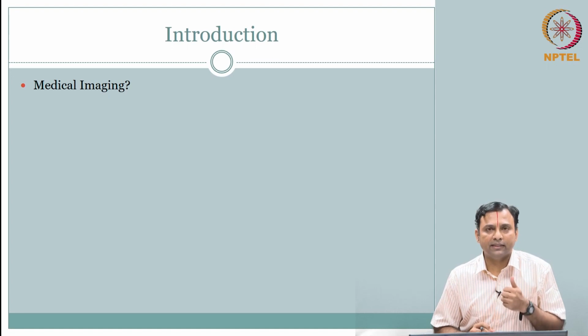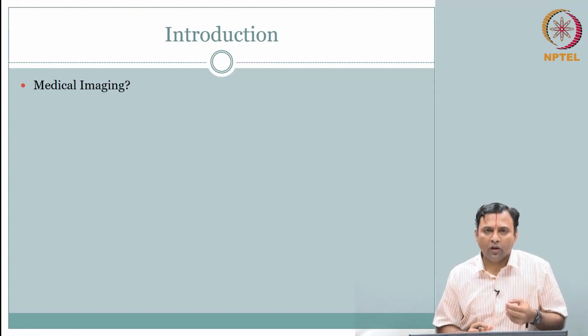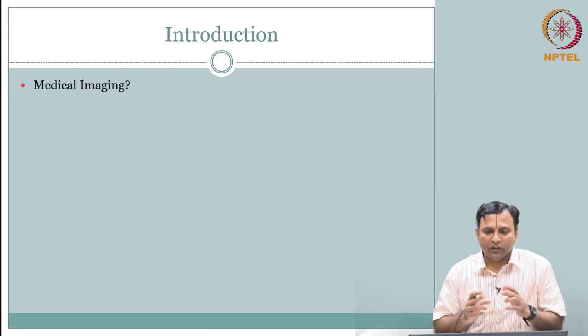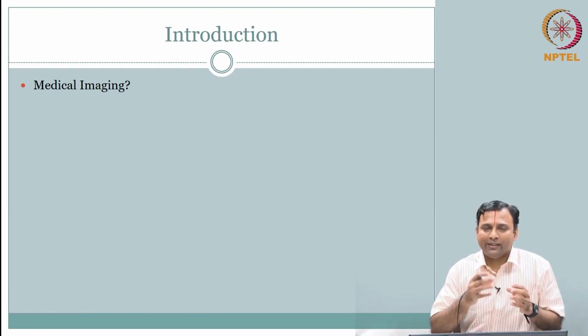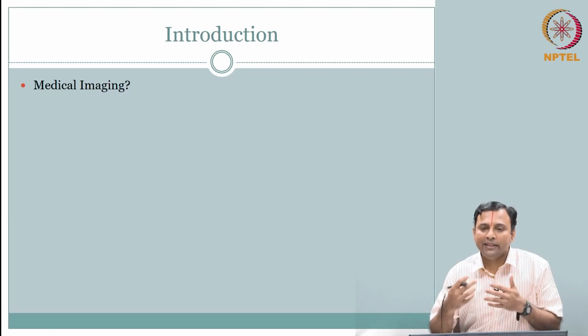We did cover this a while ago in the context of the big picture. So just to recall briefly, medical imaging is, you saw the central picture, right? Anatomy, physiology. The idea is it's a process of extracting the parameters to do with human physiology and anatomy, and visualizing it, right?